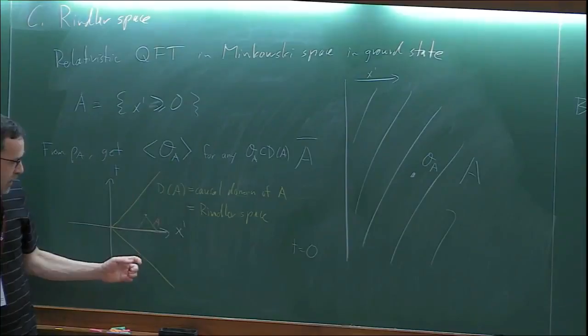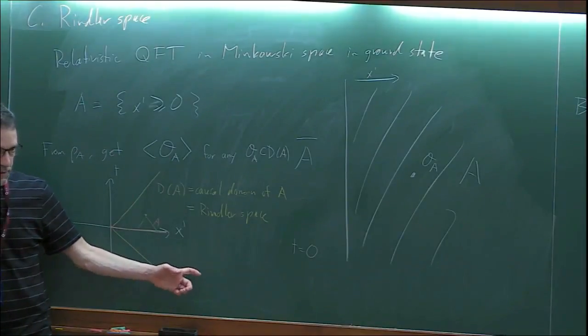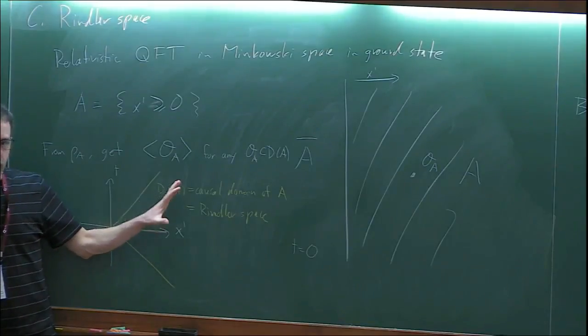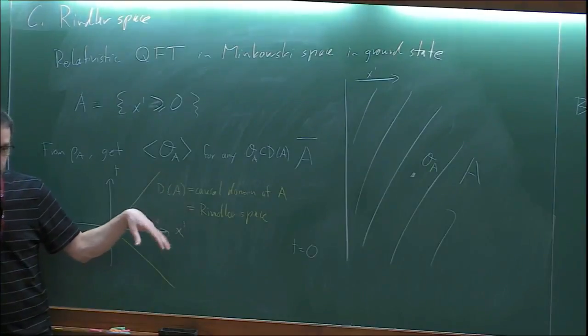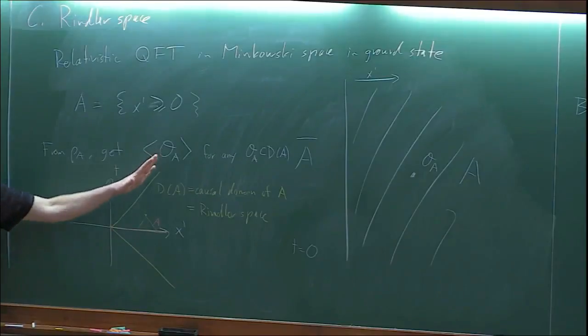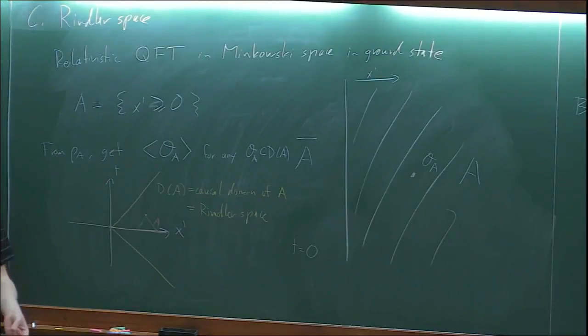So the observers who live in Rindler space are in a funny position. They're always accelerating their whole lives. And as far as they are concerned, there is a horizon. There is some part of the space they cannot observe. So for them, this is a future horizon, this is a past horizon. It's like they live outside of a black hole, or like for us in our universe, we have a cosmological horizon which surrounds us, past which we can't see.